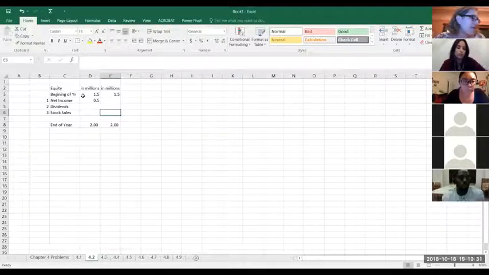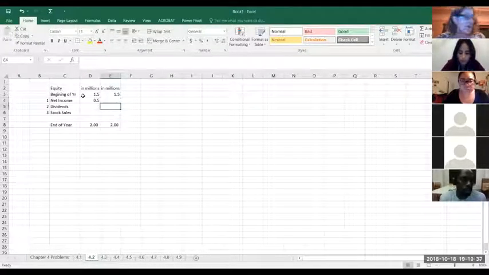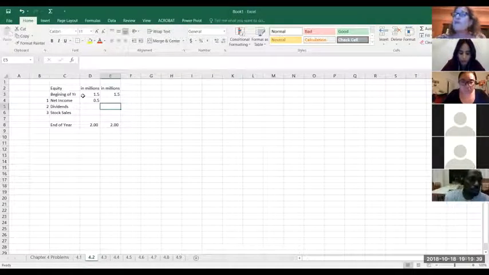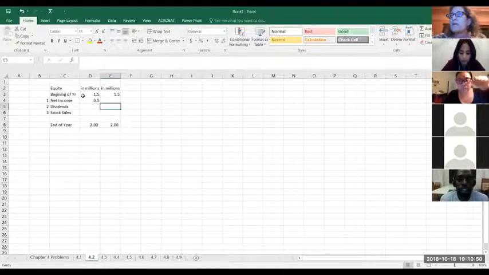Now in the example, it says 200,000 in dividends, so let's go ahead and use an example of 200,000. If you're providing dividends to your shareholders, what does that mean to your equity? Is that increasing your equity or decreasing your equity? Decreasing it, right?